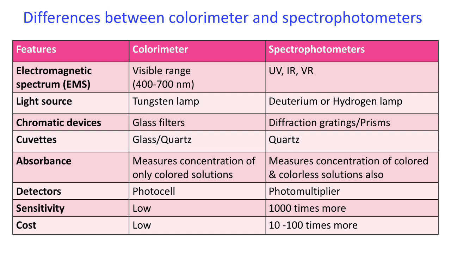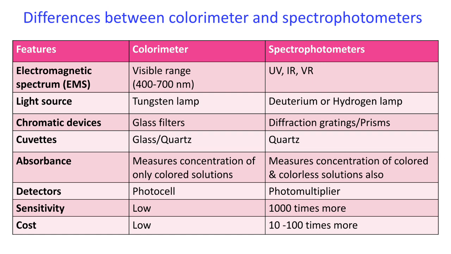So, coming to the differences between colorimeters and spectrophotometers, here you can see the advantages and disadvantages of the colorimeter and spectrophotometer. In the colorimeter, the electromagnetic spectrum range is only 400 to 700 nanometers, that is only the visible range, so we can measure only colored compounds.